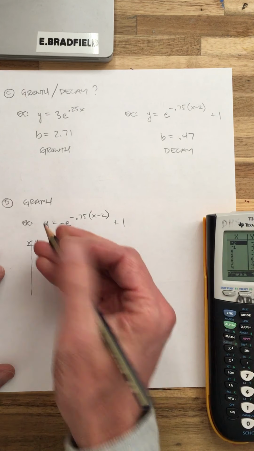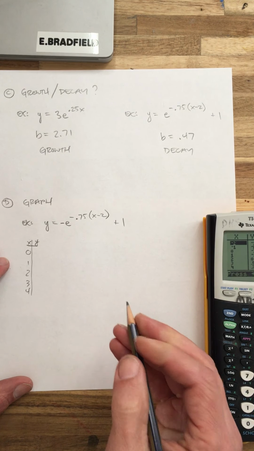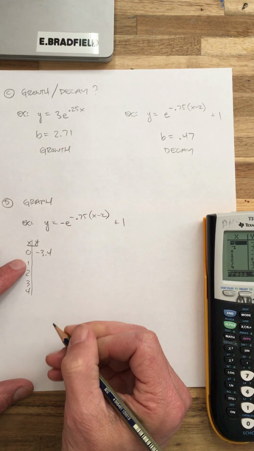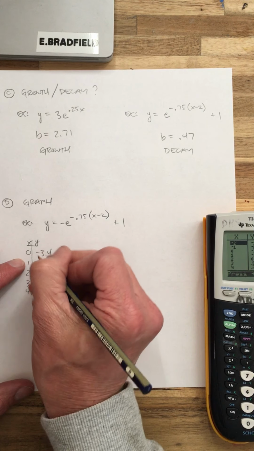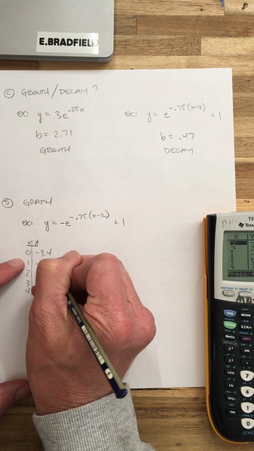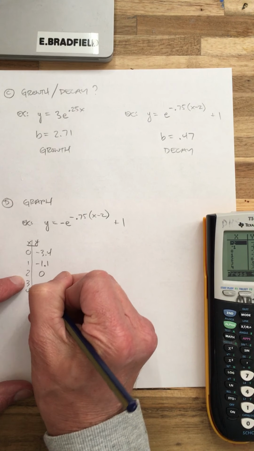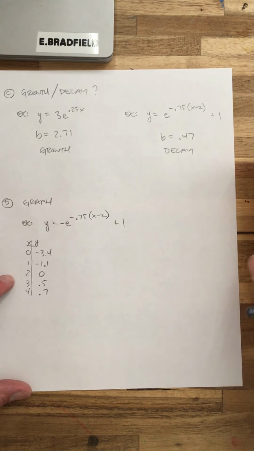So I'm going to go 0, 1, 2, 3, 4. Okay, 0 is -3.4. 1 is -1.1. 2 is 0. 3 is 0.5. 4 is 0.7.